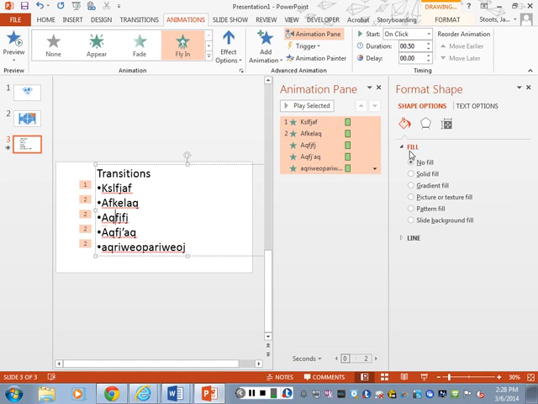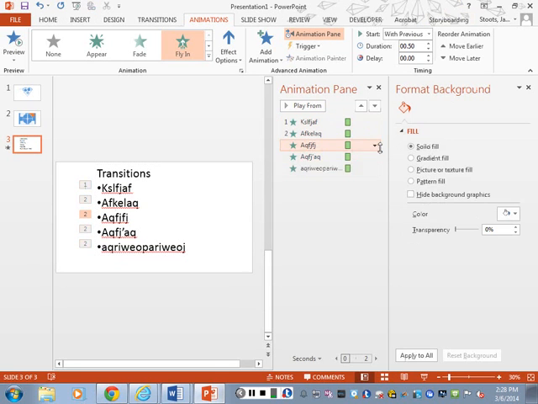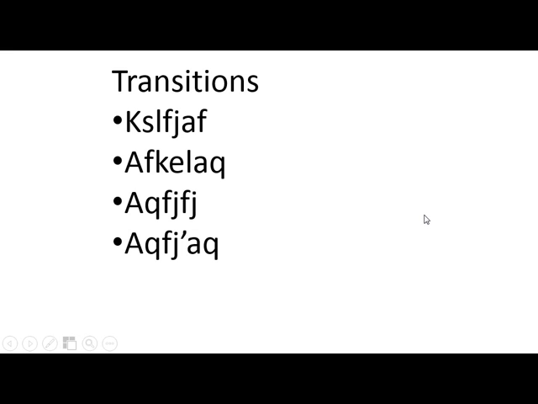Now that I've got all my twos, I can go to each one and have them come in with the previous, after the previous, or on a click, and I'll change each one to come in as I talk about it. So if I go to show now, we talk about this one, and we'll talk about that one, then that one, and that one. That's really what you want.